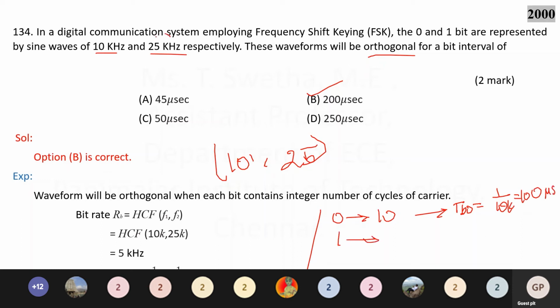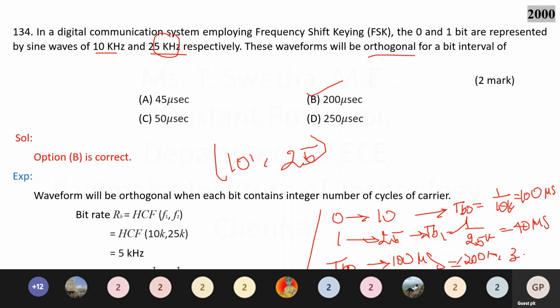Similarly, logic 1 is represented by 25 kilohertz, which means TB1 is equal to 1 by 25K, that is 40 microseconds. For TB0 write the integer multiples: 100, 200, 300 and so on. For TB1, multiply 40 by integers: 80, 120, 160, 200. Between them you check which number is common.